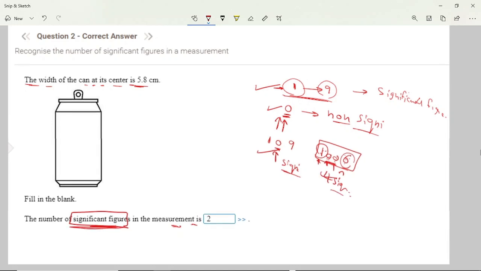Another thing is leading zeros, which means the number starts with 0 digits. For example, 001. These will be non-significant.